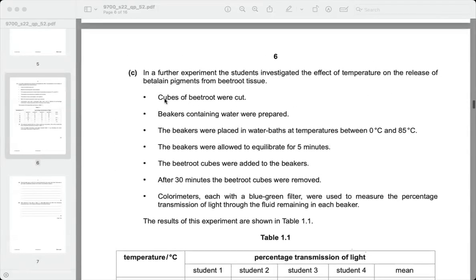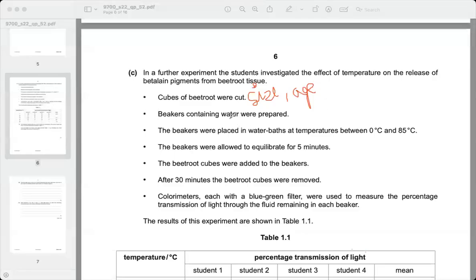So let's look at the first one. It says cubes of beetroot were cut. Now here they've not mentioned about the size of the cubes which were cut. So here we can mention about, we can use the point of size of cubes should be kept constant, or we can say that the age of the cubes or the beetroot which is used is kept constant.